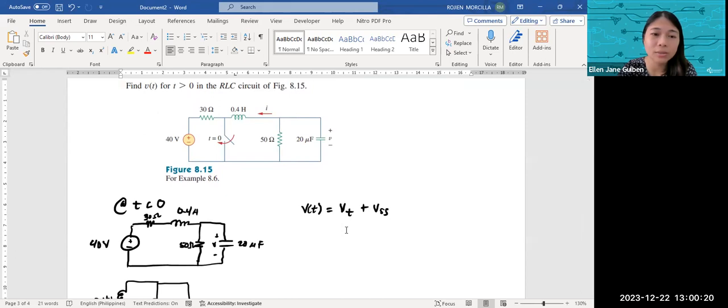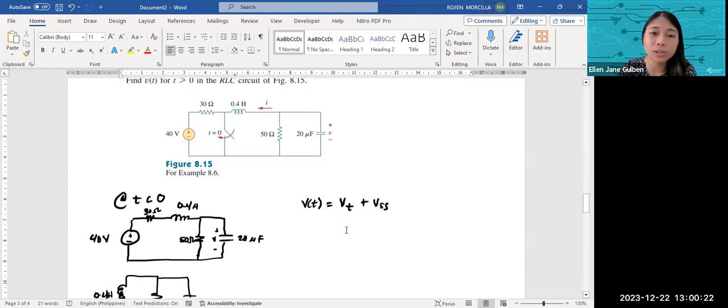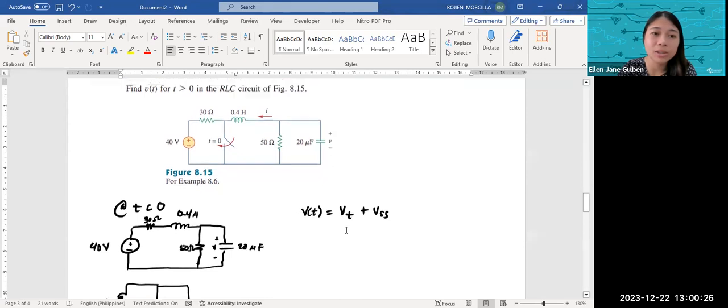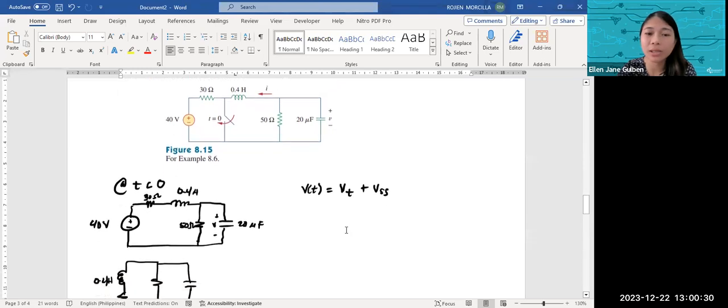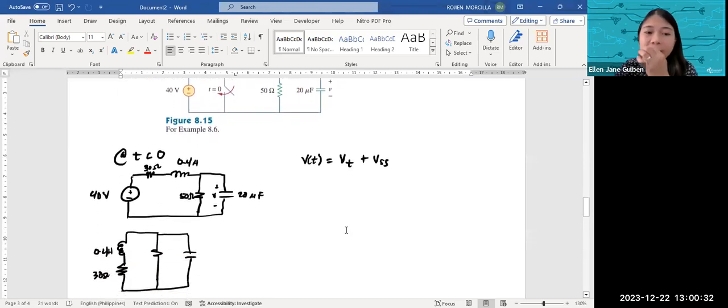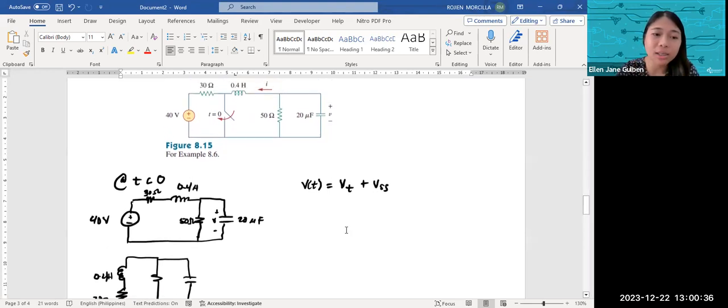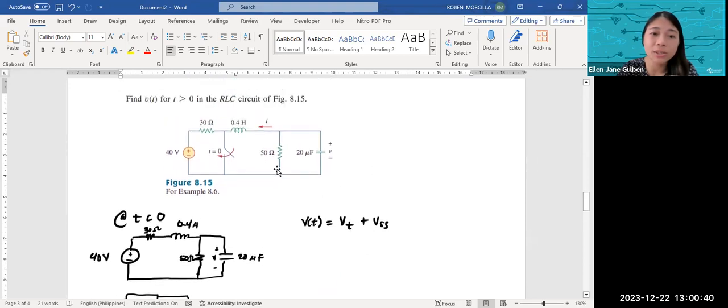Or actually, we can do this one, no? But since the problem is, let's just continue. Actually, this one is not necessary, no? Because we can consider the capacitor and inductor to be already on the steady state.